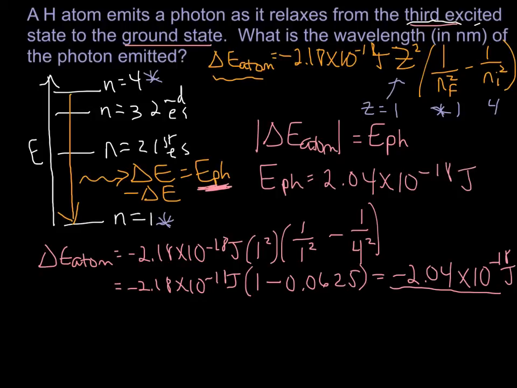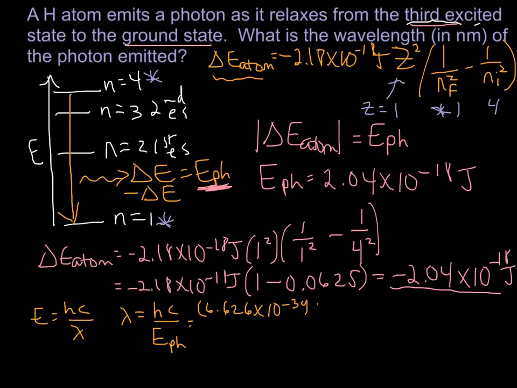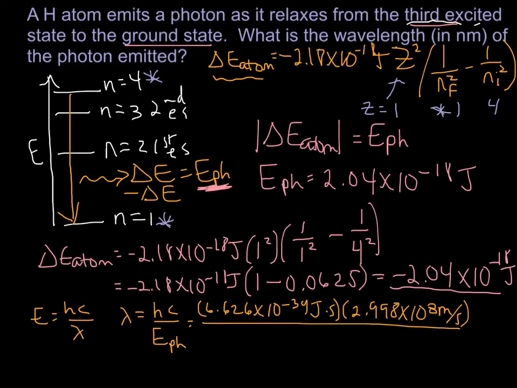Now we're ready to calculate the wavelength. E photon is equal to hc over lambda, and we rearrange this and solve for lambda, which is hc over E photon. Filling things in: 6.626 times 10 to the negative 34 joule seconds, multiplied by 2.998 times 10 to the 8th meters per second, the speed of light, over the energy of our photon, 2.04 times 10 to the negative 18 joules.